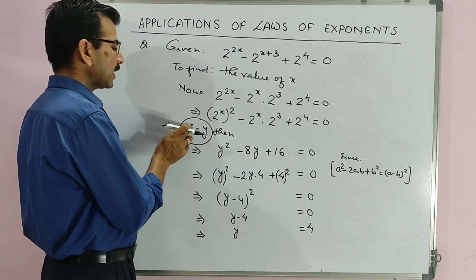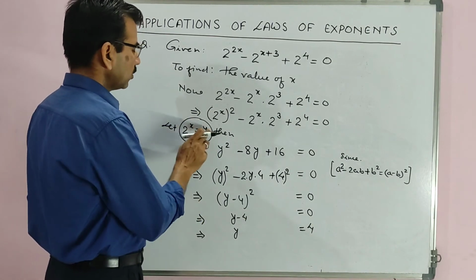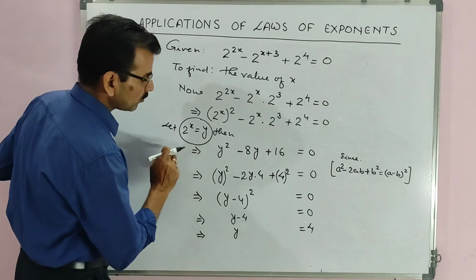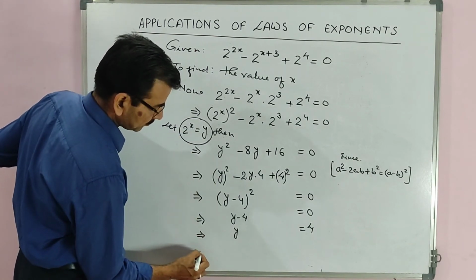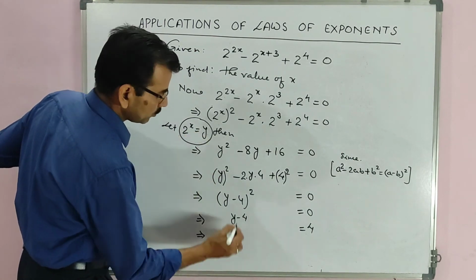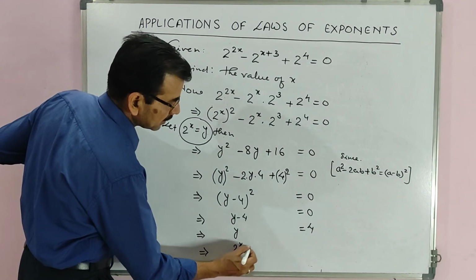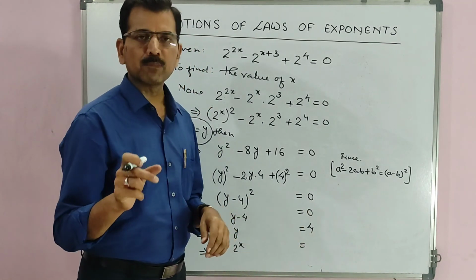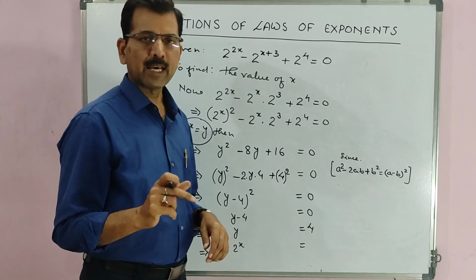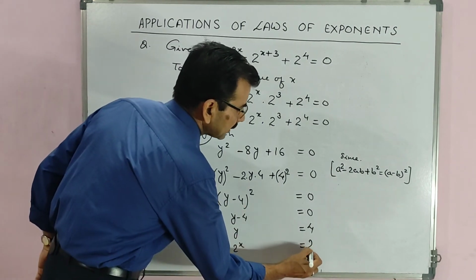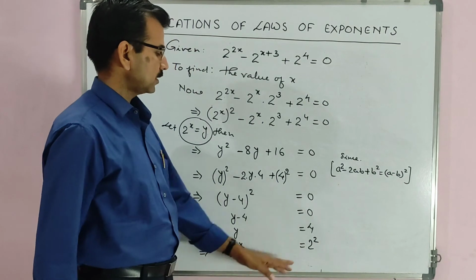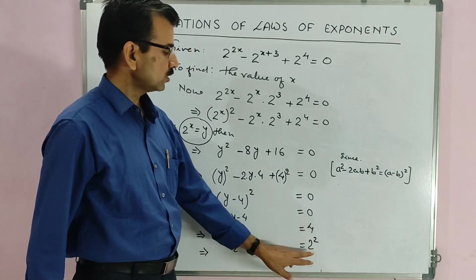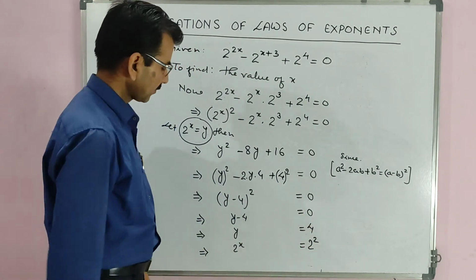So in place of y we can write 2 raised to power x equals this 4, which we can also write with base 2 as 2 square, since 2 square is equal to 4.